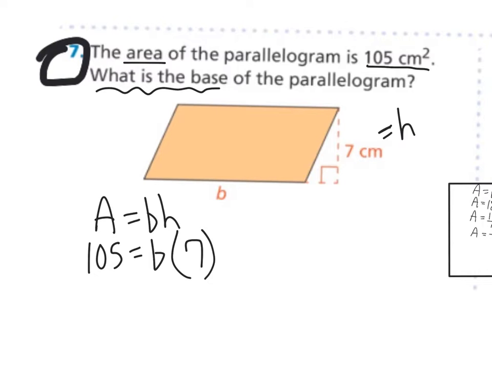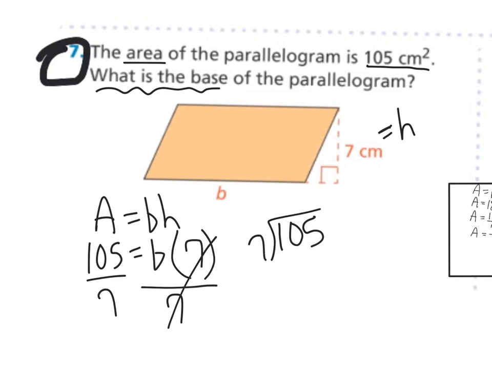So if we look over, our variable is being multiplied by 7, which means we need to divide by 7. We'll do the same thing on both sides of the equation, keeps our equation balanced. And then we'll go to divide this out. 7 doesn't go into 1, goes into 10. 10 minus 7. Bring down the 5, 7 into 35.